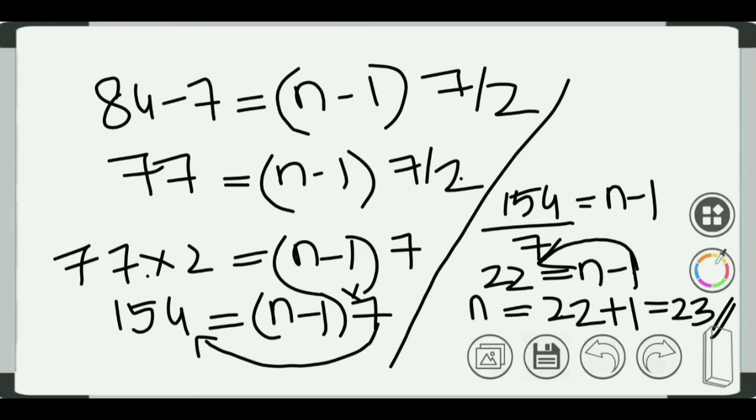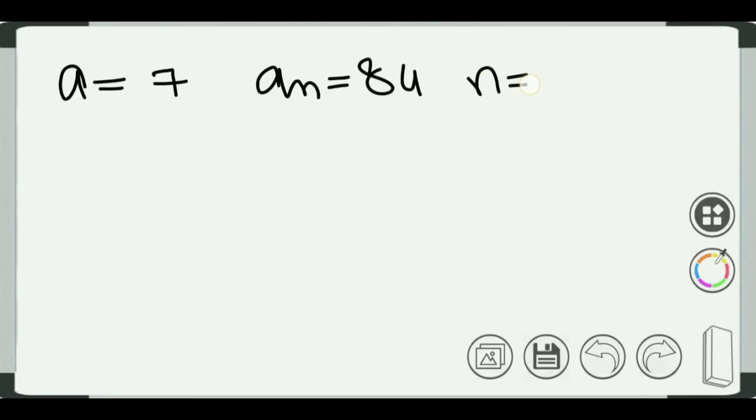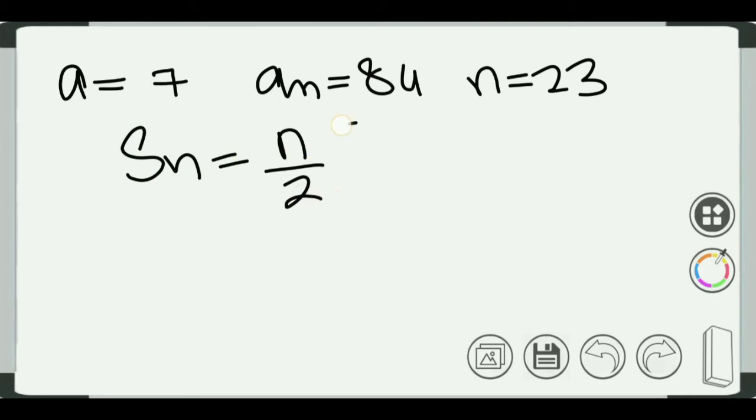Now we need to substitute these values in the Sn formula. You know a is equal to 7, an value was 84, and we found n is equal to 23. Now you can apply the second formula, Sn equal to n by 2 into a plus an.